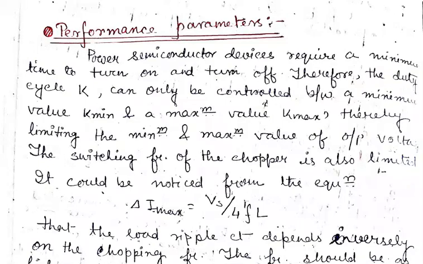Keeping a minimum value Kmin and a maximum value Kmax limits the minimum and maximum value of the output voltage.